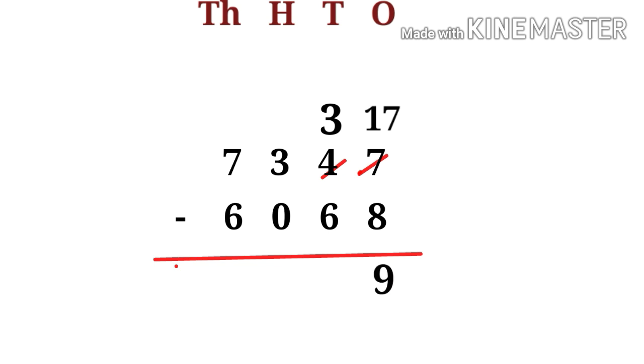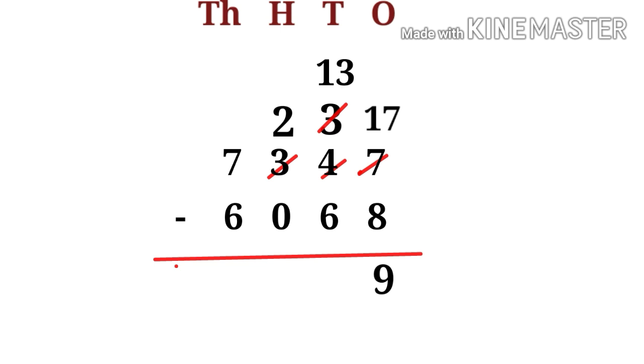Next, subtract 3 minus 6. See, 3 is lesser than 6. So, we cannot subtract. Then, borrow 1 from 100 place. So, 3 is reduced by 1 and it becomes 2, and tens place digit 3 is increased as 13.